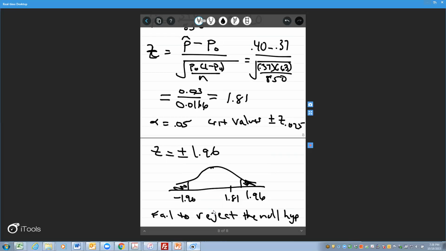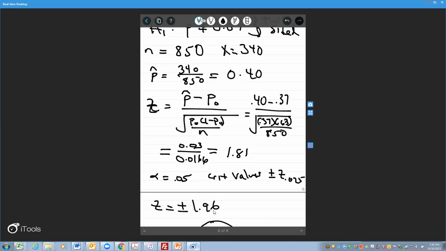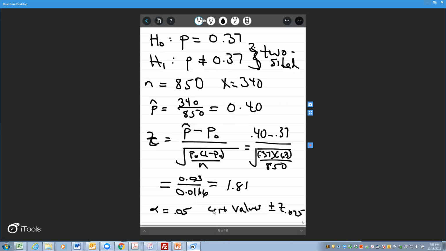So the things I want you to take out of this example are, one, the calculation of the test statistic. First, notice that it's a z-score rather than a t-score. The p hat comes from the sample proportion. P sub 0 comes from the hypothesized proportion. We use the hypothesized proportion in the denominator here to come up with the standard deviation.